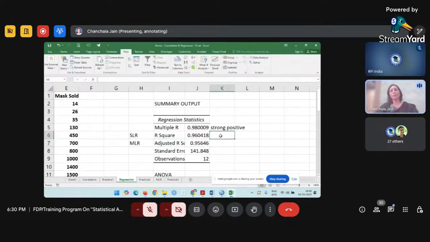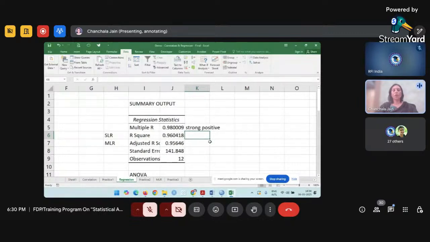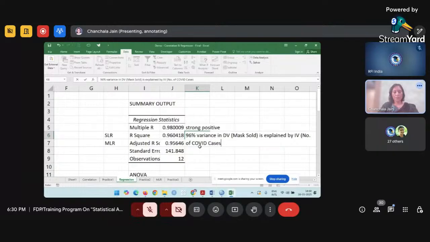Now the meaning. The value of R square is 0.96, which is again very high. So you can say that 96% variance in the DV, that is masks sold, is explained by the IV, that is the number of COVID cases.